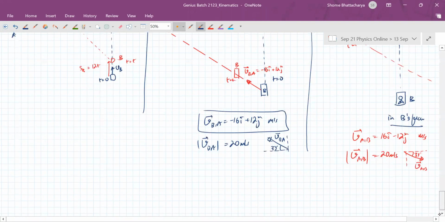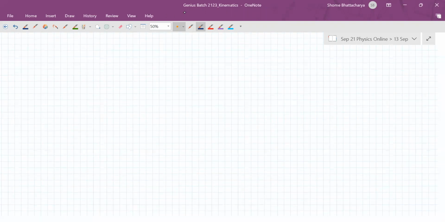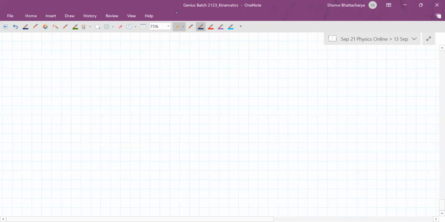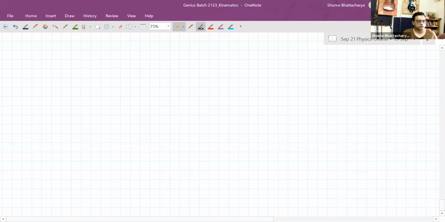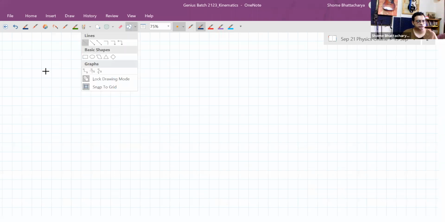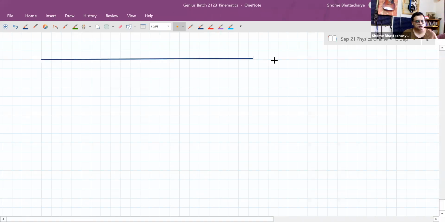Okay, so now I'm just looking at the geometry of this more carefully. So I'll try to draw a more accurate kind of diagram.